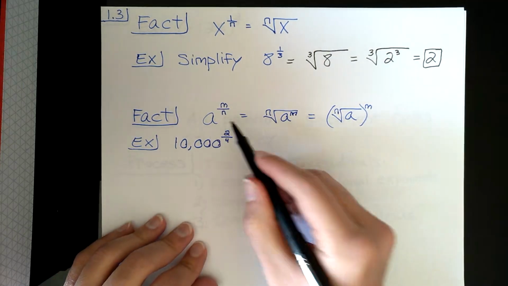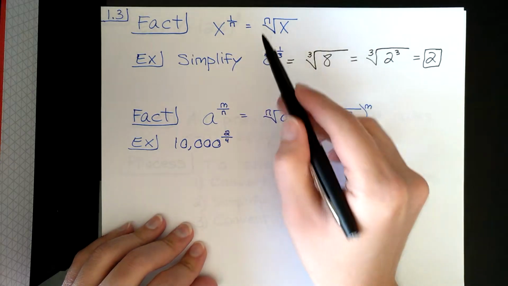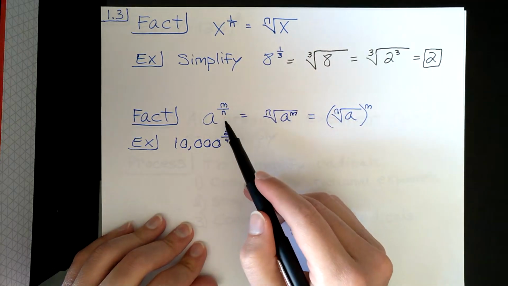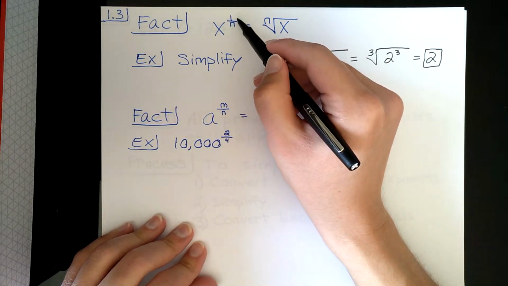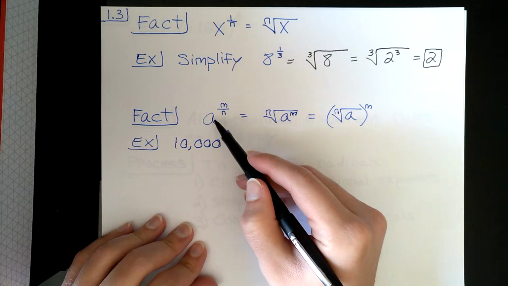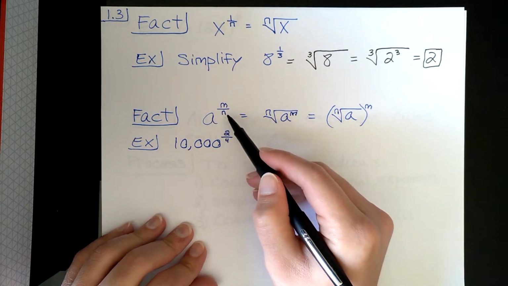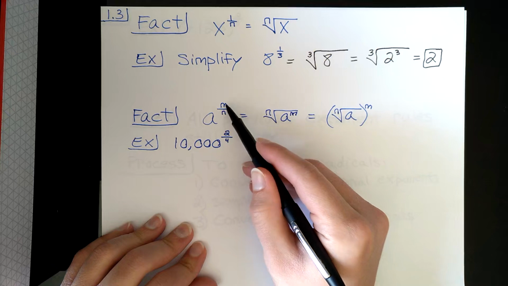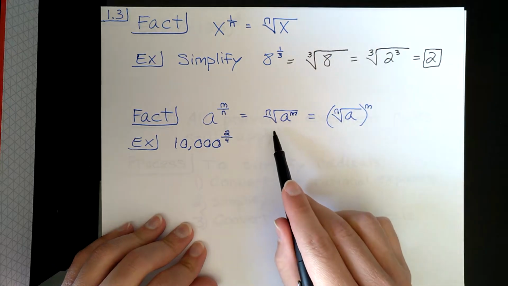From here, we now have another fact that goes on the same topic but adds one little extra part to it. Notice this was x to the 1 over n power. Now we have some value a to the m over n power. So, whenever we have some value in the numerator, we have two options.